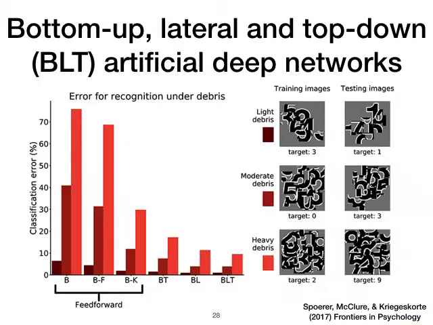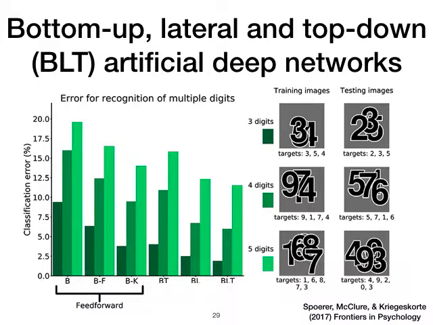On here we can see the error is 70%, on this scale it's 20%. Okay, so this is a much, much smaller error, so bottom-up networks can do this relatively well. Right? But when we include lateral and top-down connections, again this network is doing much better.